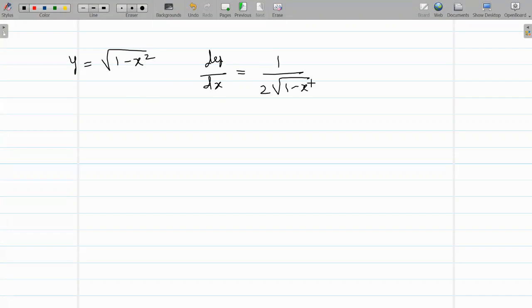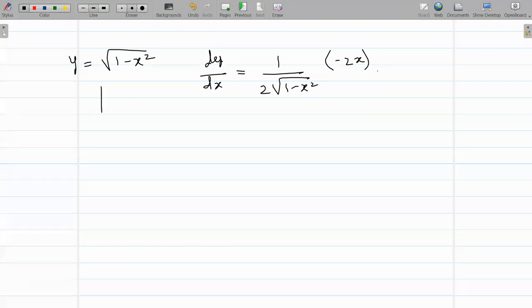Suppose I ask you this function. If I would have asked in 12th standard, we used to write dy by dx, the derivative. And what was that? 1 by 2 root 1 minus x square into minus 2x, right? But at that time we never bothered about what this is, or when we can talk about dy by dx.